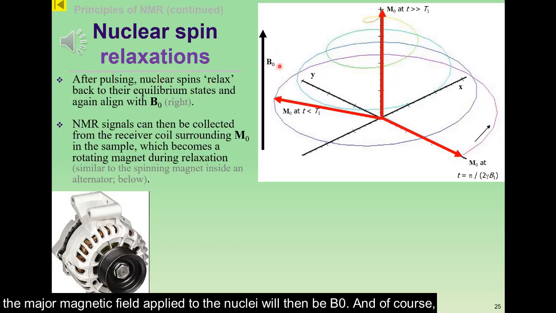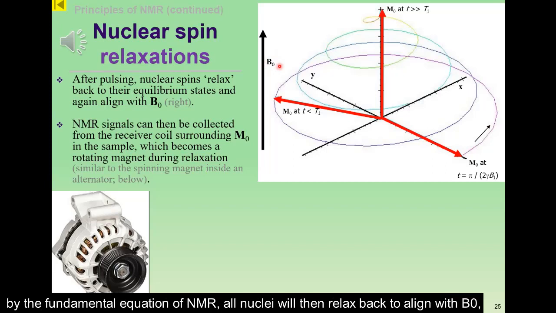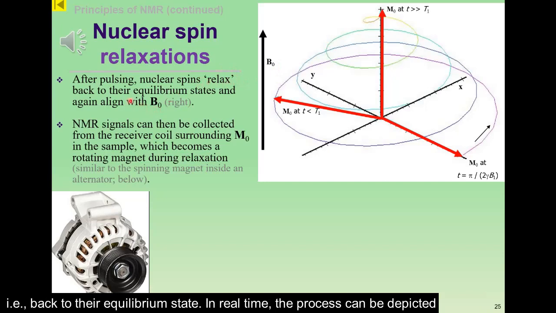And of course, by the fundamental equation of NMR, all nuclei will then relax back to align with B0, i.e., back to their equilibrium state.